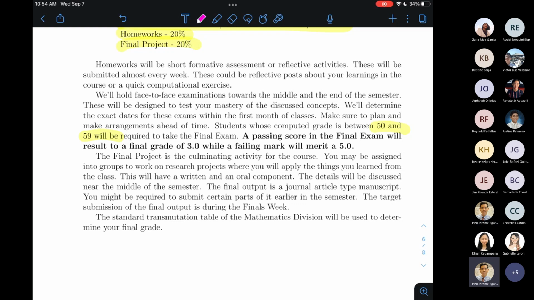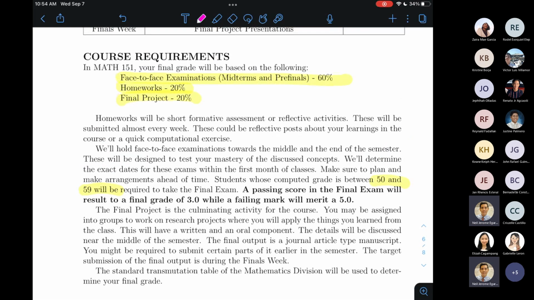Kasi kailangan natin mag-ipon ng maraming points. Sulitin natin yung 40% na homework at saka final project, kasi medyo mabigat yung face-to-face exam. Actually, pinag-iisipan ko nga kung masyado ba malaki yung 60%. Kasi imagine, isang upuan, isang exam, nakadepende yung 30% ng inyong final grade.